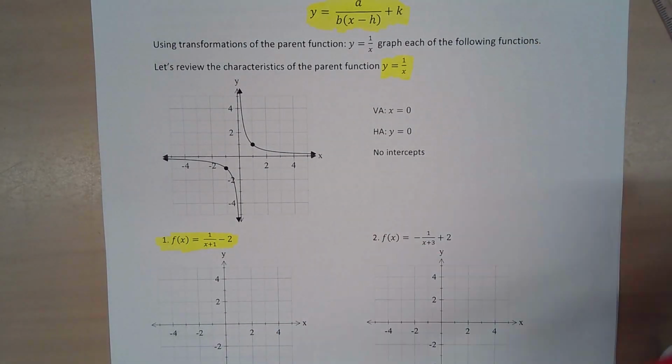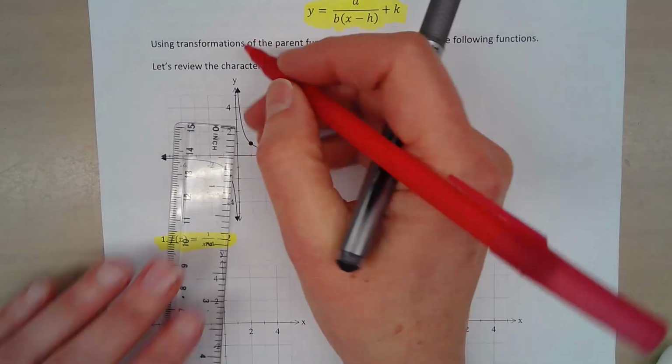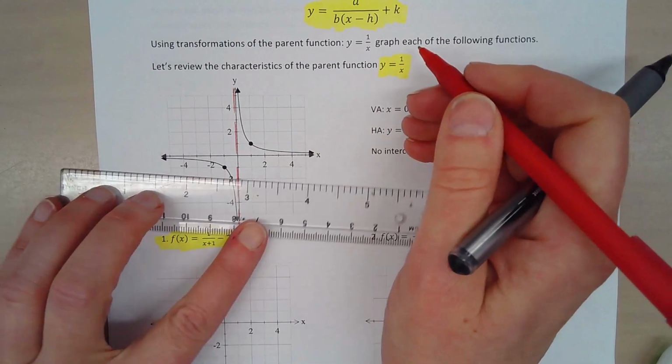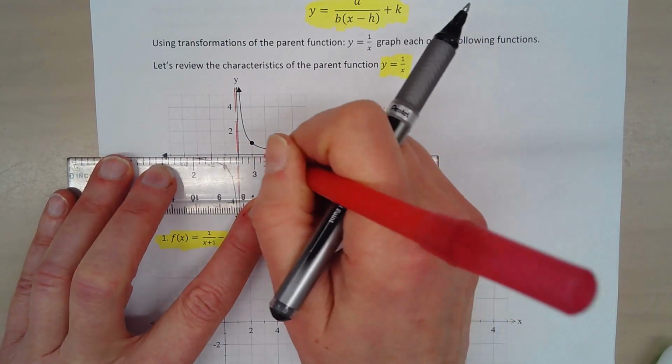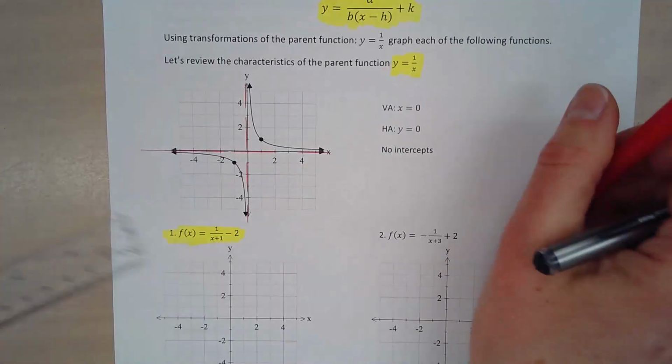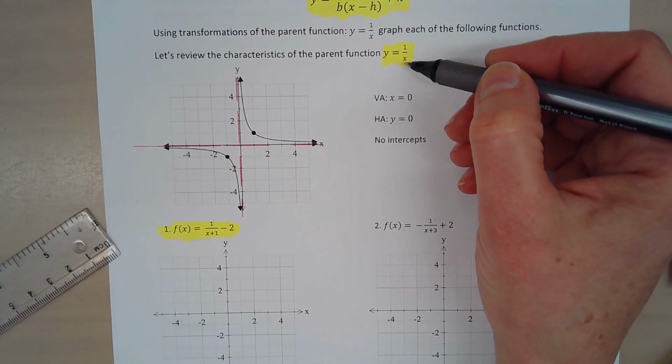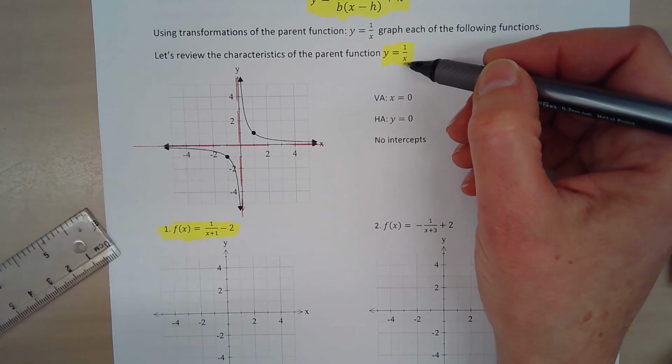Agreed? It's got asymptotes of the axes, x equals 0 and y equals 0. So those are your asymptotes. There are no intercepts because I can't replace the denominator with 0, so no y-intercept.